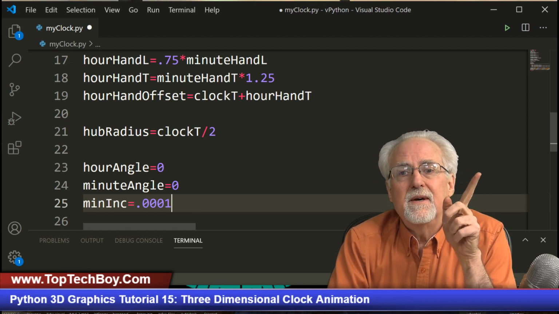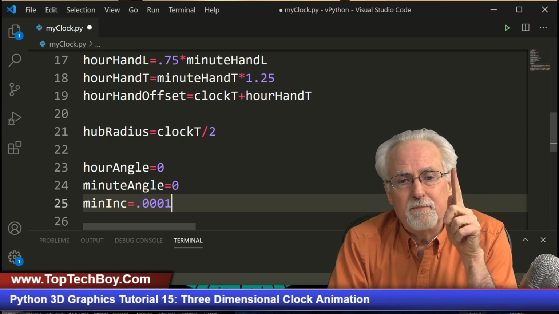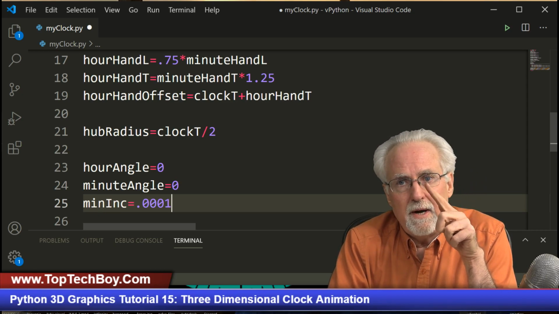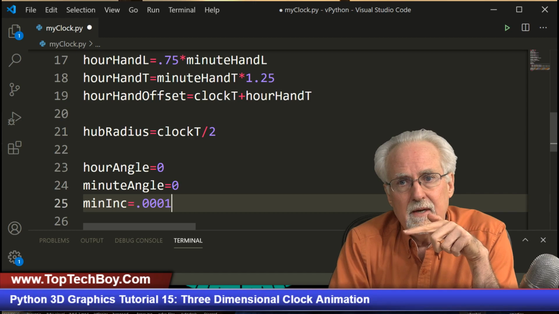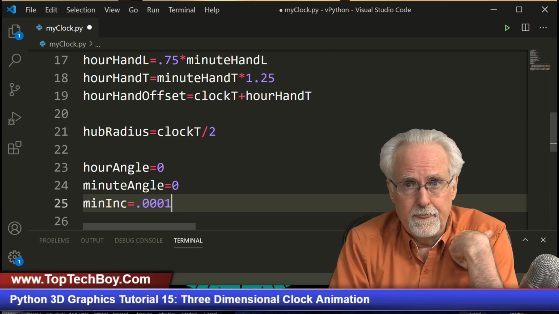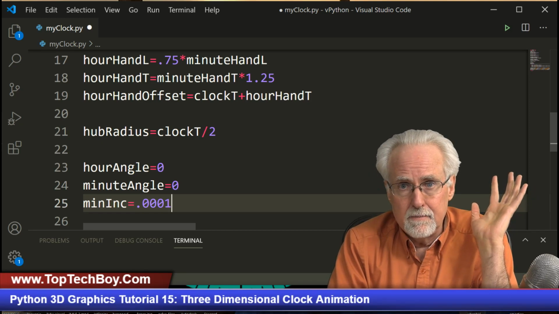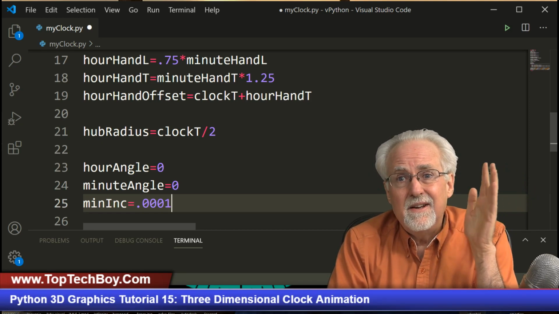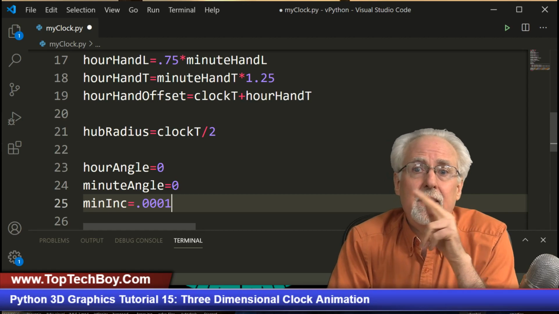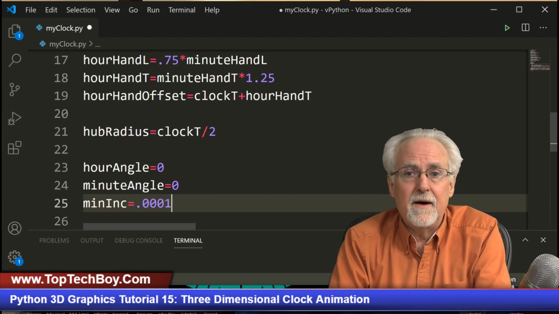So I'm putting an angle increment of 0.0001 radians, and that is how much I'm going to tick the movement each time, and I'm just making up a number, all right?